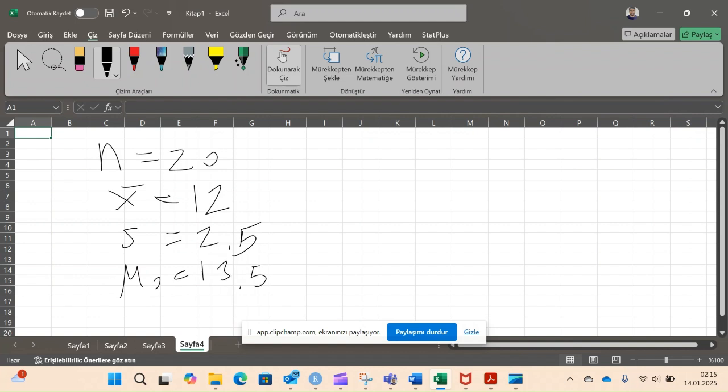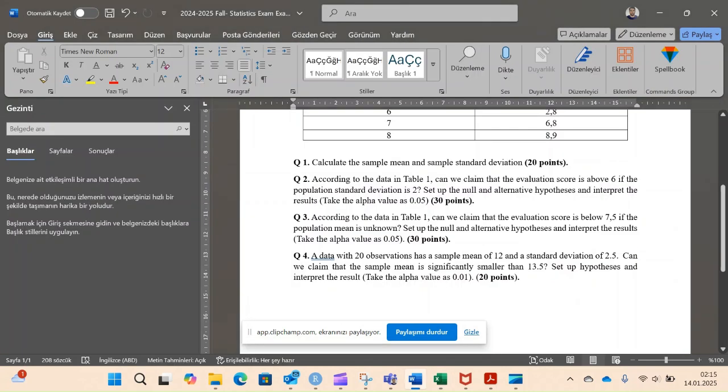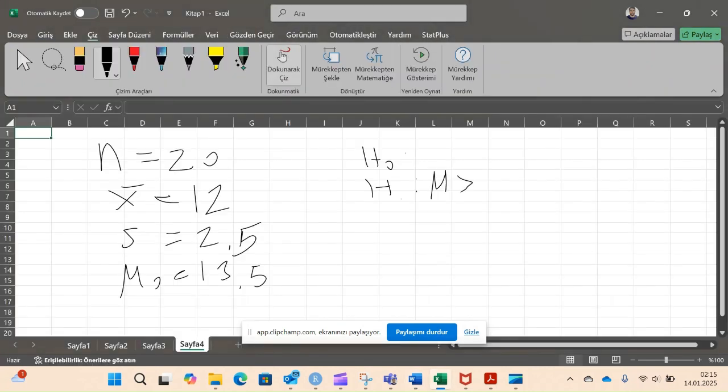So mu 0 is 13.5. Again, we set the null and alternative hypotheses. In the alternative hypothesis, we say that the mean is smaller than 13.5. In the null hypothesis, we say it's higher than or equal to 13.5.